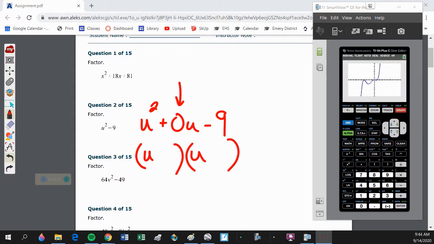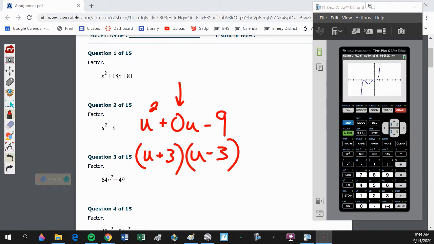U plus 3 and u minus 3. Okay. What if I asked you what the solutions were? What would you tell me? U is equal to negative 3 and positive 3, or a lot of times we just say plus or minus 3.